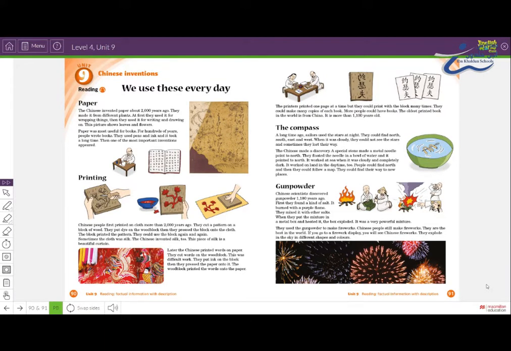I can see people who were trying to make fire. Maybe. We are going to discover later. And finally, what can you see? Yes. These are fireworks, and all of us know what fireworks are.